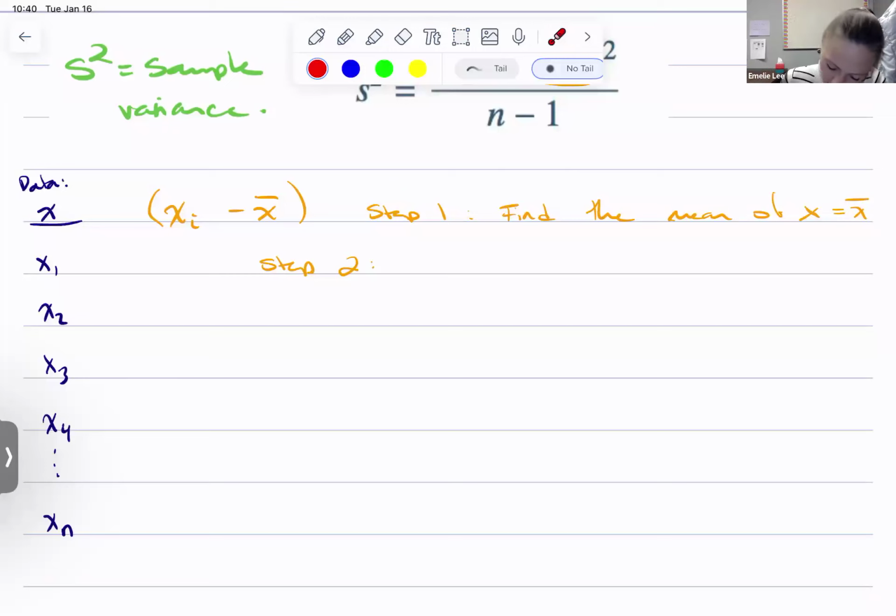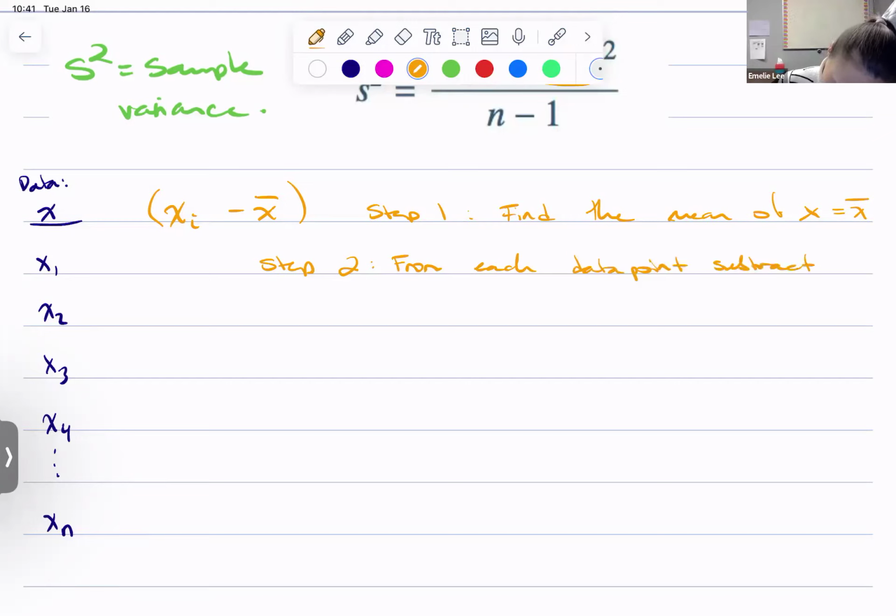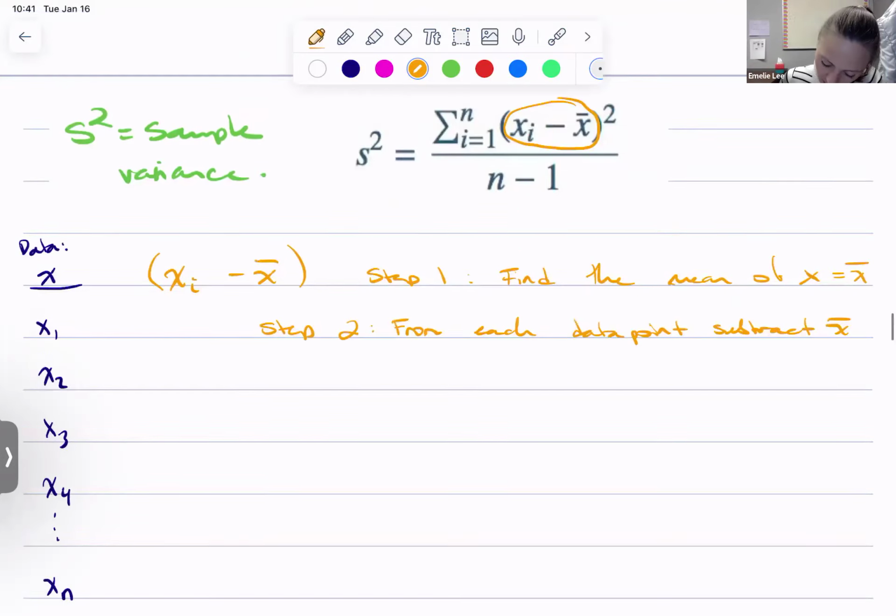Okay, and so here, from each data point, subtract x bar. See how far from the mean each value is.